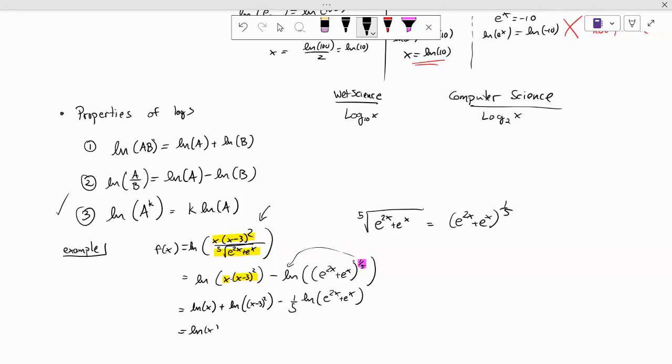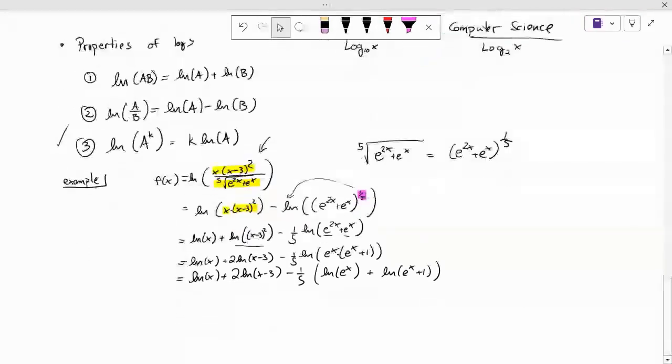Using the third property again on the second term, bringing out the 2. And e to the x is a common factor. So we'll have negative 1/5, and log of the product is the sum of the logs, sorry.